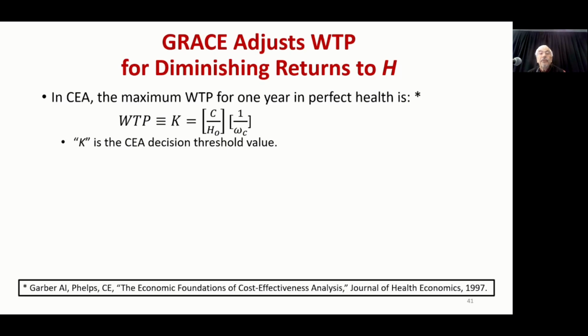And in the cost effectiveness model, this is what Alan Garber and I proved in our 1997 article. The willingness to pay, which I'm going to call K, is equal to the same thing, except it has 1 in the numerator instead of that elasticity for health. And that is the cost effectiveness threshold in the decision model.